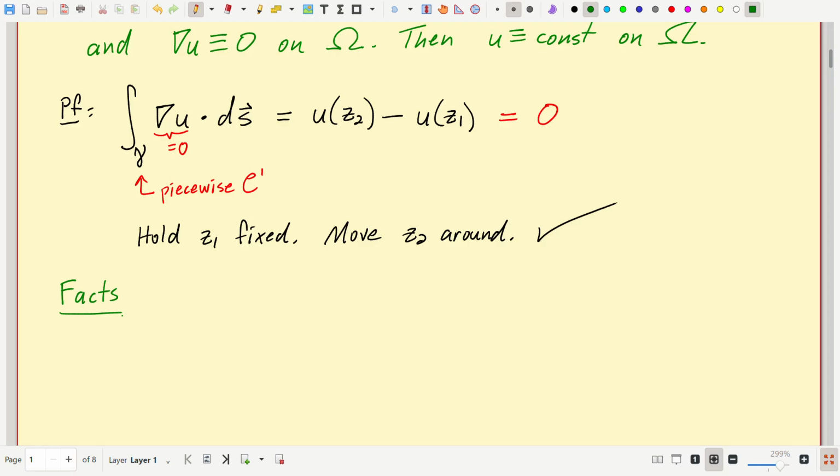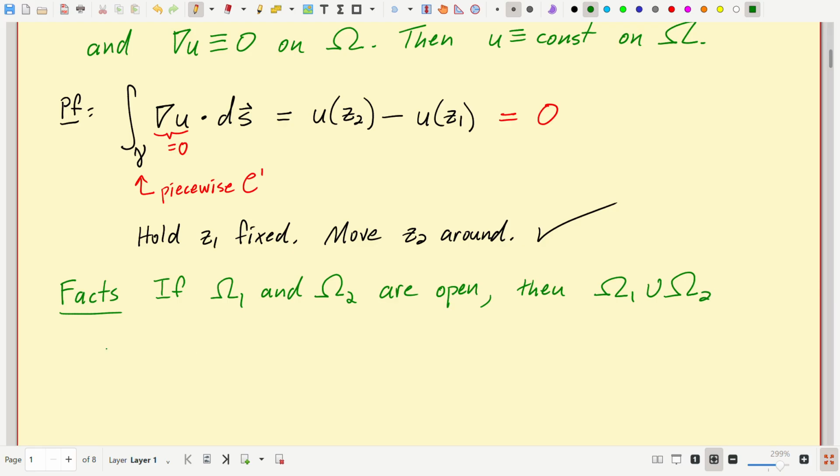I defined open sets last time, and simple facts are things like if omega 1 and omega 2 are open, then, of course, their union is open. And so is their intersection.